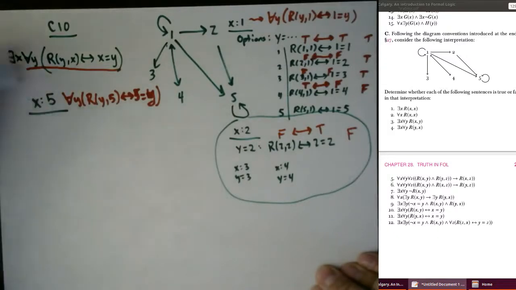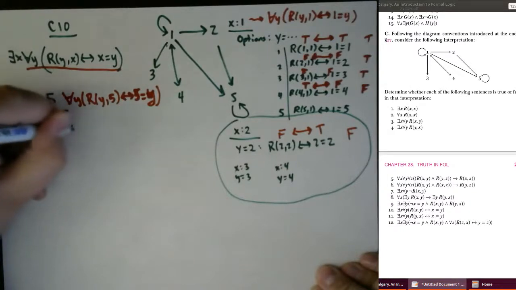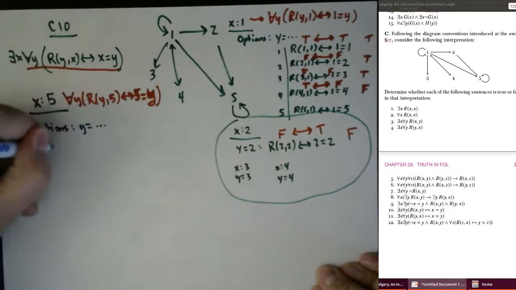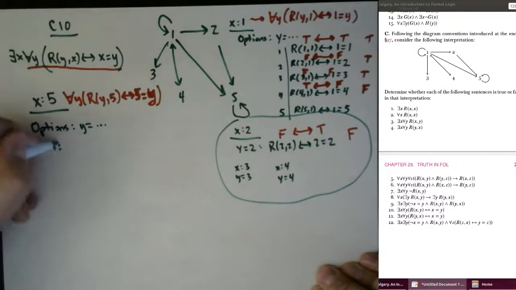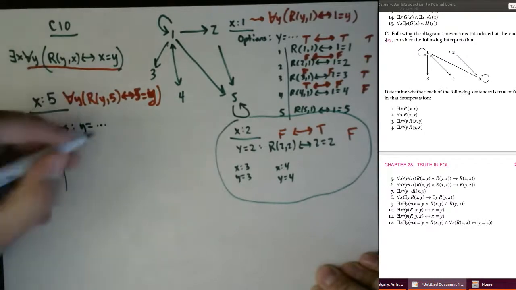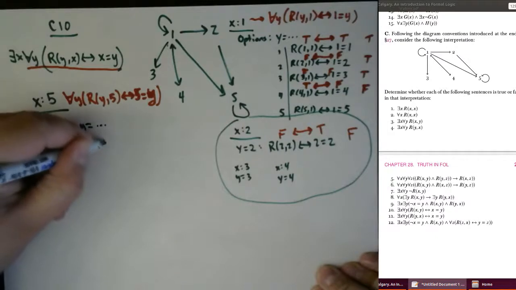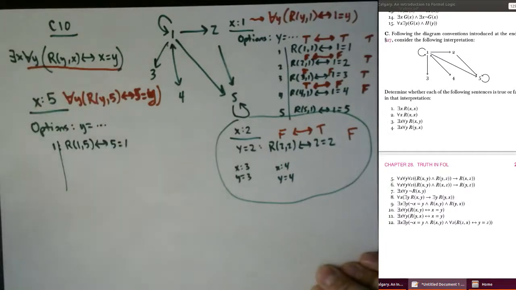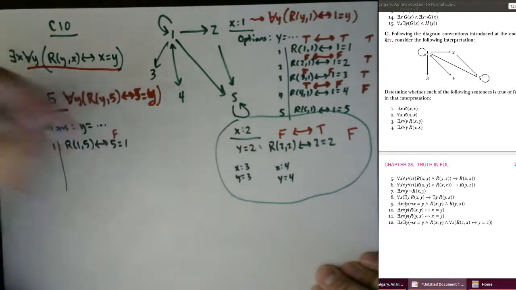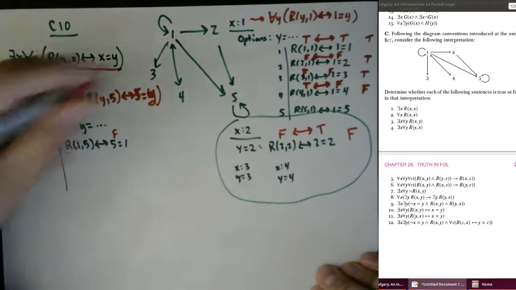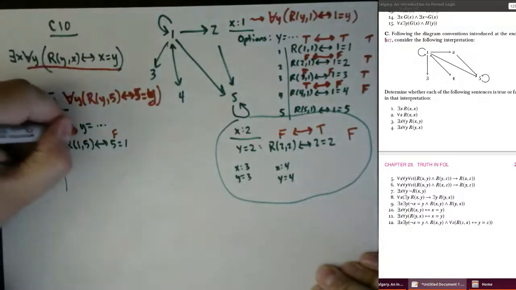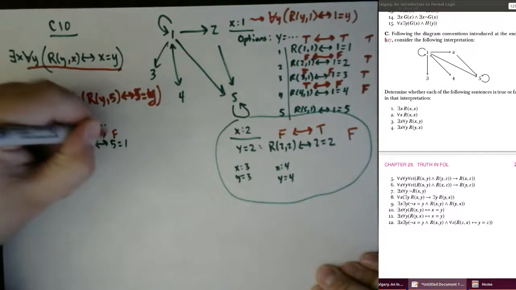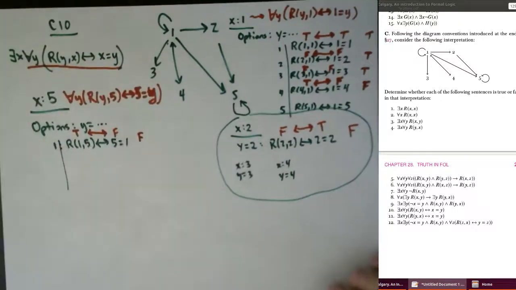I don't think that's going to be true. So we look at our options. If y was 1, then this sentence becomes R1 5 if and only if 5 equals 1. Well, 5 equals 1 is certainly false. And R1 5, well, there is an arrow from 1 to 5. That's true. So right out of the gate, we're getting a false.